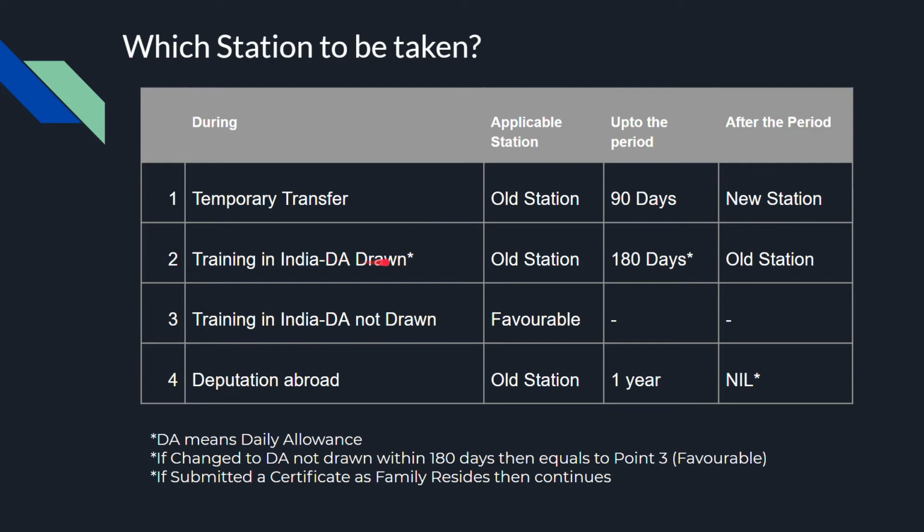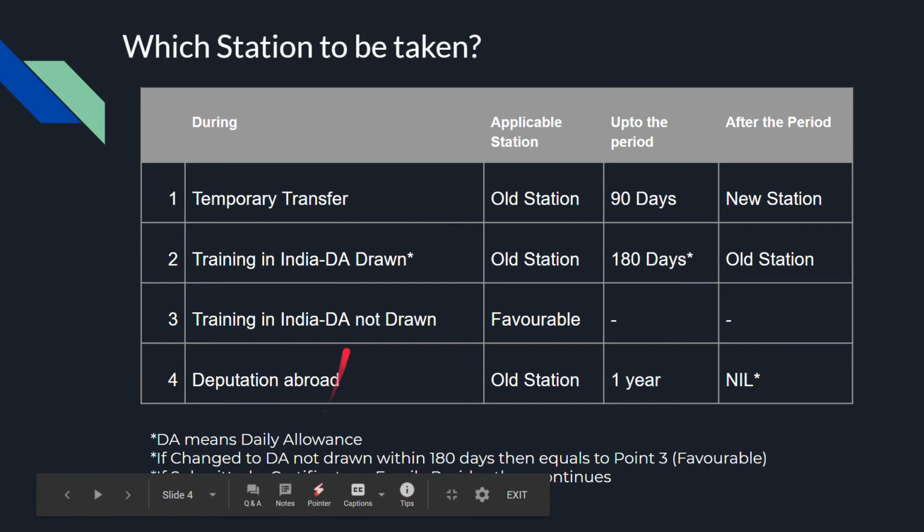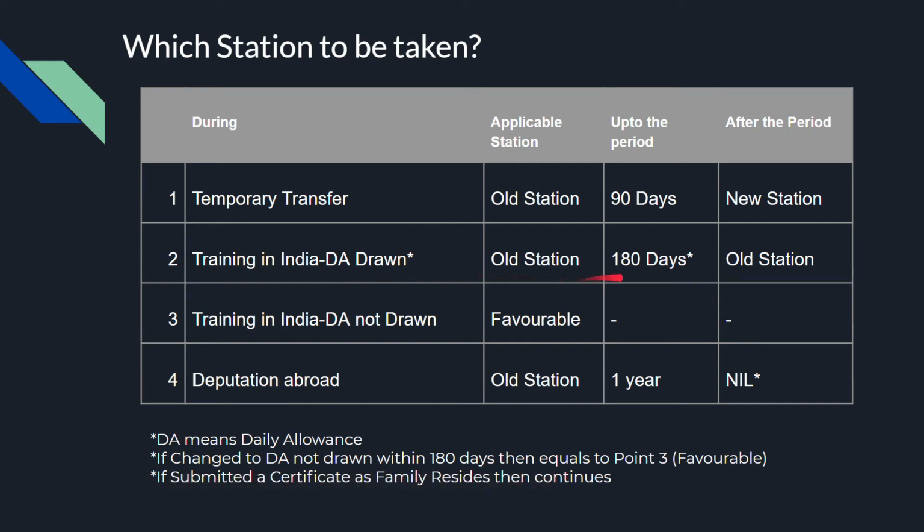Similarly, training in India. An employee is sent for training, and he is getting daily allowance. DA means daily allowance. Then what is the process? Up to 180 days, old station, which means the headquarters where he is actually working. If it crosses 180 days, then also old station.